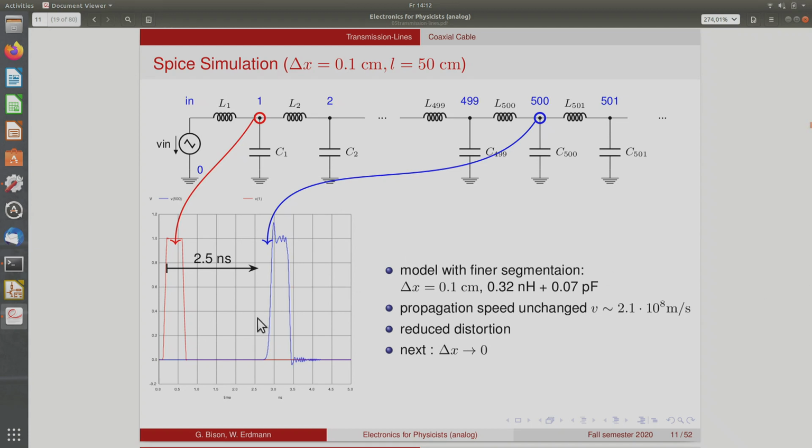So you can still measure the signal shape, and the signal velocity, the propagation speed, comes out almost the same. So the next step then would be to go to infinitesimal blocks here, but we will not do that in simulation, but analytically, of course. And surprisingly, this can be done.